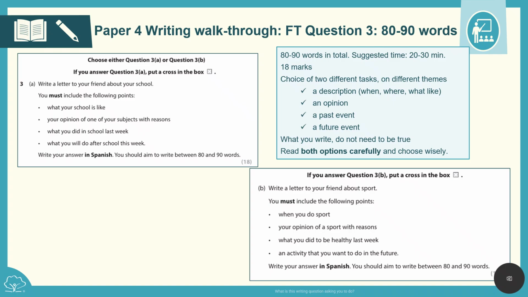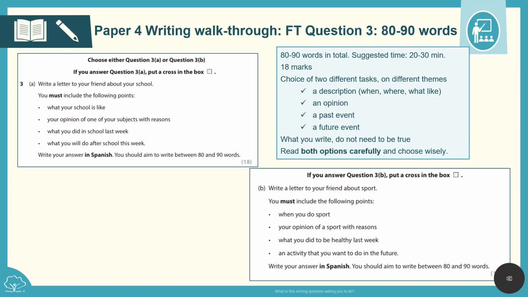So you again need to decide what you want to talk about. The first one is about school, maybe you know more about that, and option B is about sports. Okay, so think about in which topic you have more vocabulary. Maybe you have more vocabulary about school, you are better at describing a school.